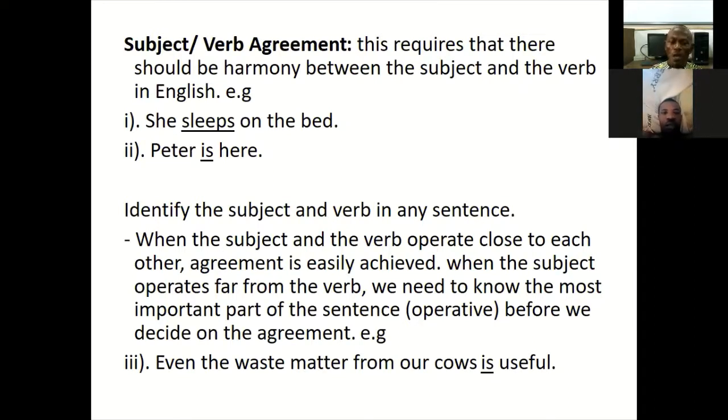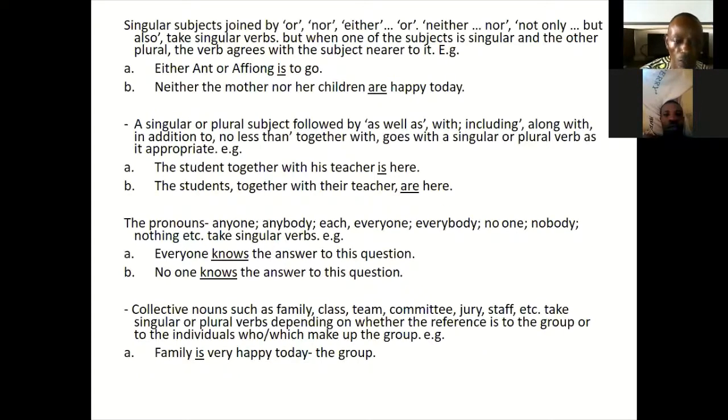Therefore, a plural subject should take on a plural verb. A singular subject should go with a singular verb.